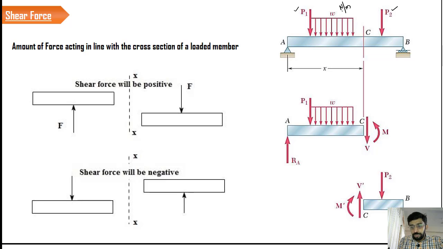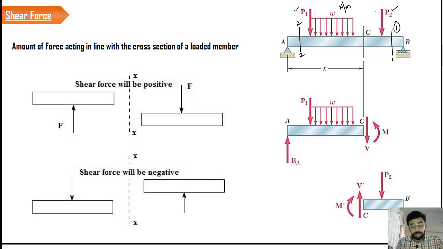If you look at different sections, say this is section 1, you have section CC here, and let us take a section 2 here. If you look at these three sections, the amount of vertical load acting at these sections is different. Why? Because of the variation in the location of the load.